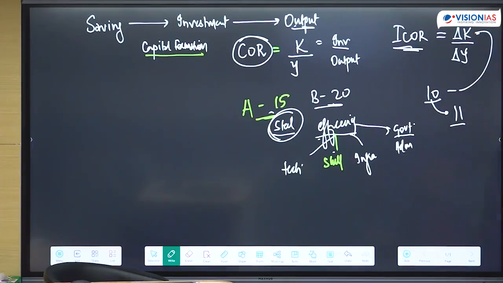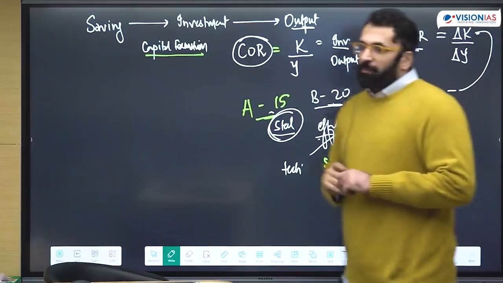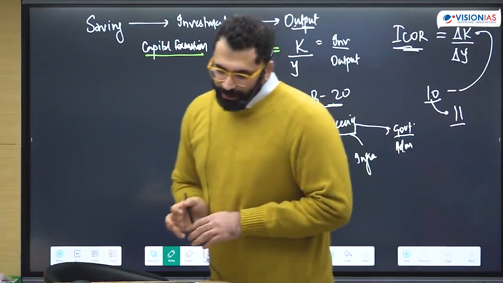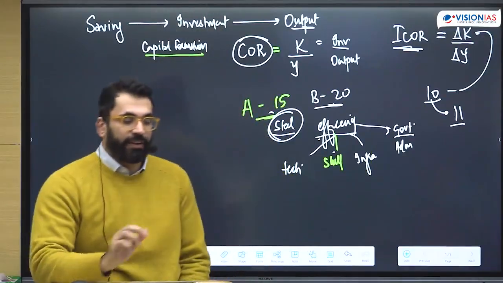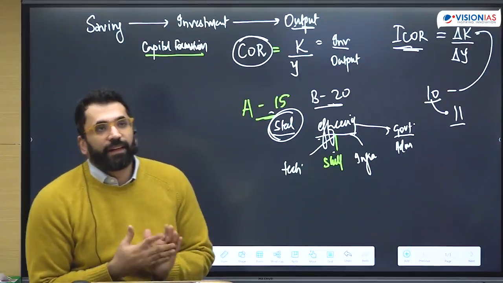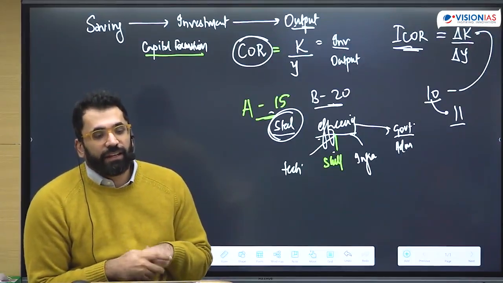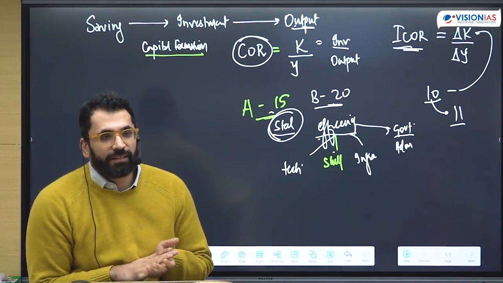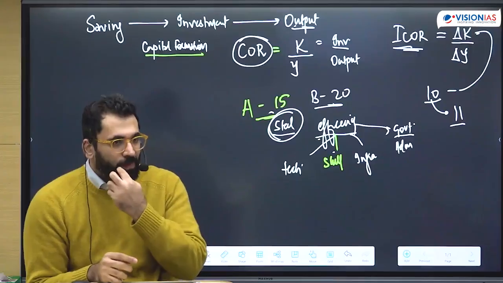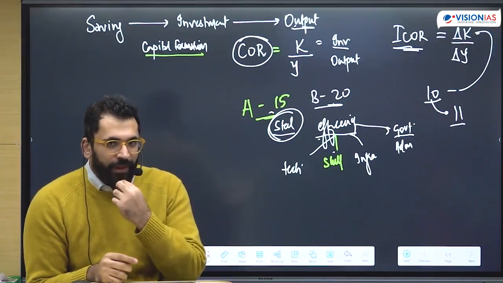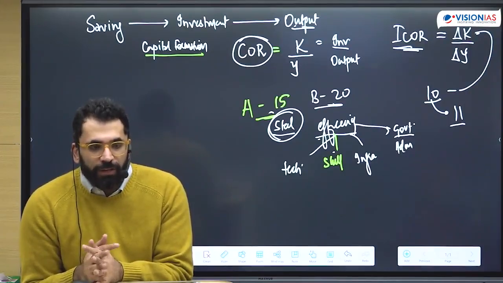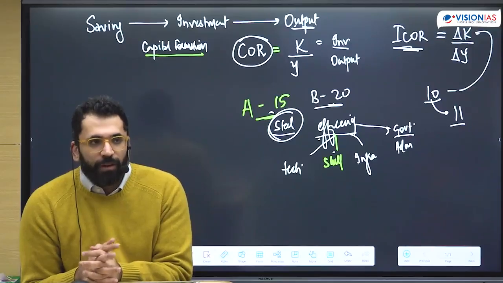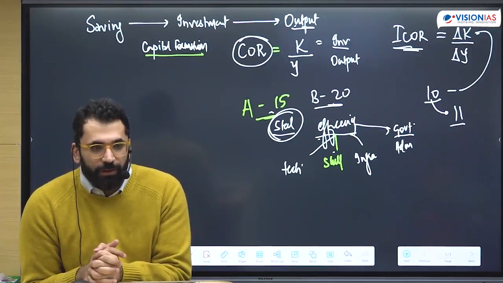Is this clear? Write down this. Capital output ratio is the amount of capital required to produce output worth 1 unit, or output of 1 unit.